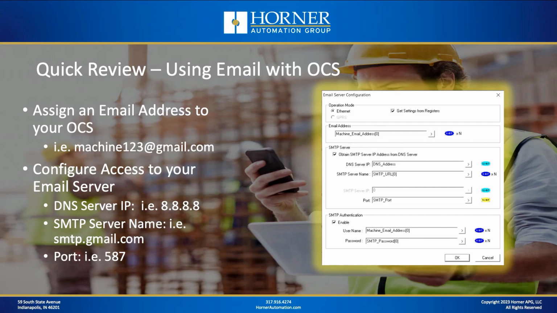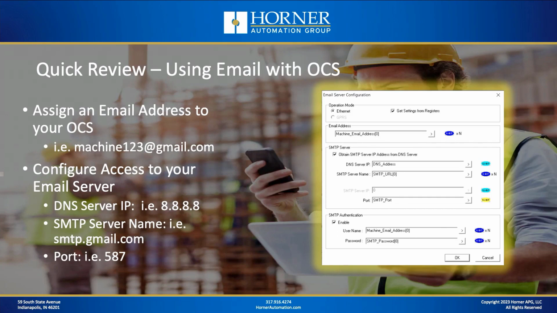You're going to configure a DNS server IP address because since we're accessing the SMTP server name through a URL and not through a strict IP address, you're going to need a DNS server. That would be something like 8.8.8.8. And then you're going to assign the port number. Usually that port number is going to be 587 for a TLS encrypted email session.